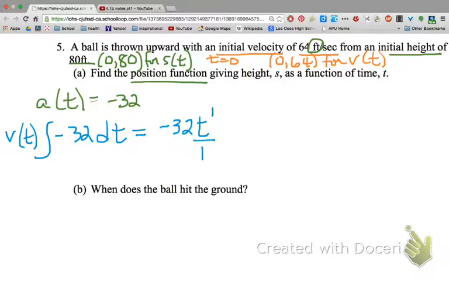I don't need all those extra ones, so I'm going to erase them, but I put them there so that you would remember. And then, of course, plus c. So that, of course, gives me my general solution.